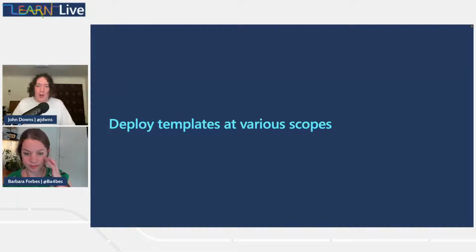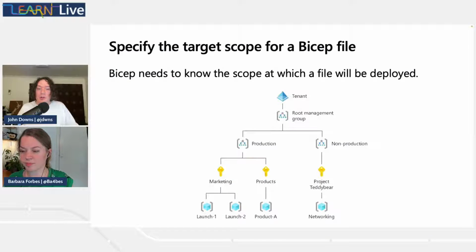Awesome. Okay. So now we've talked about the theory behind some of these scopes. Let's look at how we might actually do some of this in Bicep, and how we might start using the Bicep language to deploy some of our resources at all these different scopes that Barbara's just talked about. So firstly, when you write a Bicep file, Bicep needs to know the scope at which that file will be deployed. And that information is really important because that's what helps us to do things like show the right information in autocomplete and IntelliSense lookups, and to validate that resource types are correct.